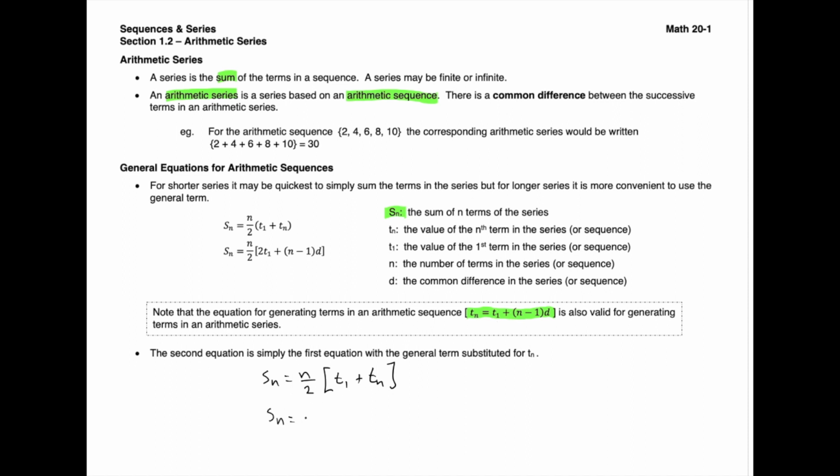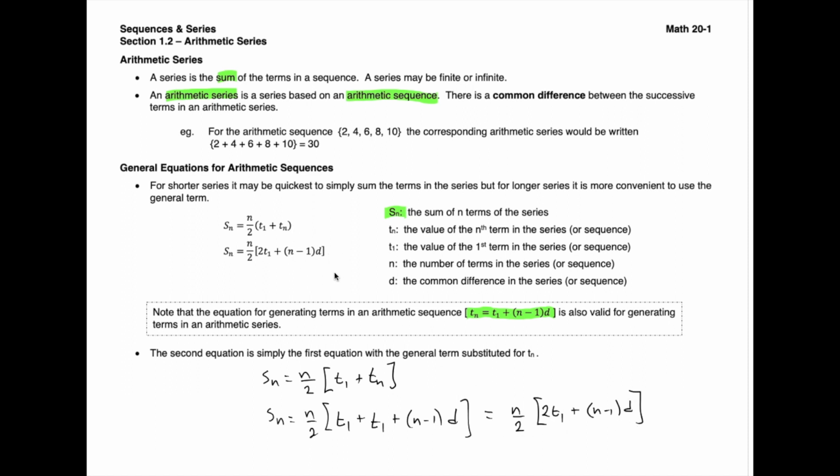So this can be written as n over 2 times t1 plus, writing this in, a second t1 term, plus n minus 1 times d. And so my Sn is equal to n over 2, and then I get 2 times t1, since I add those 2 together, plus the n minus 1 times d. And that gives us the second equation.